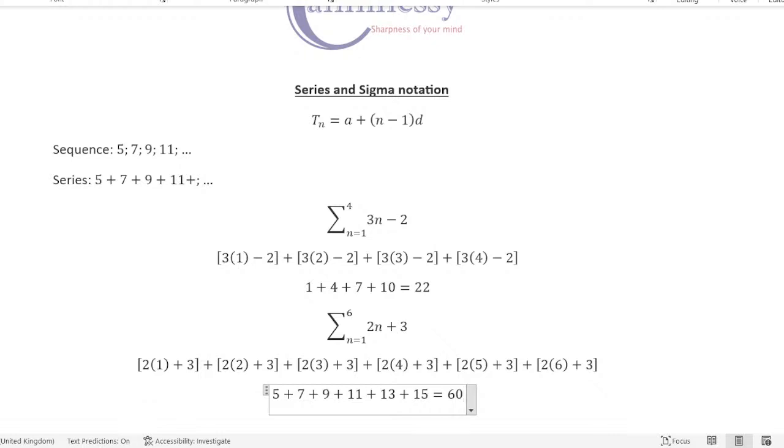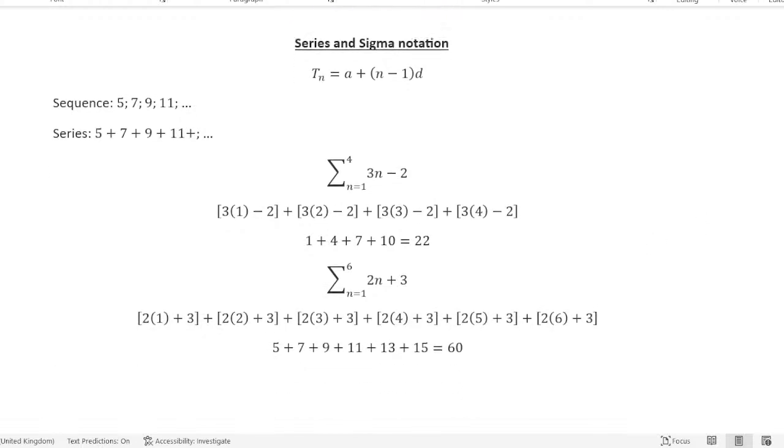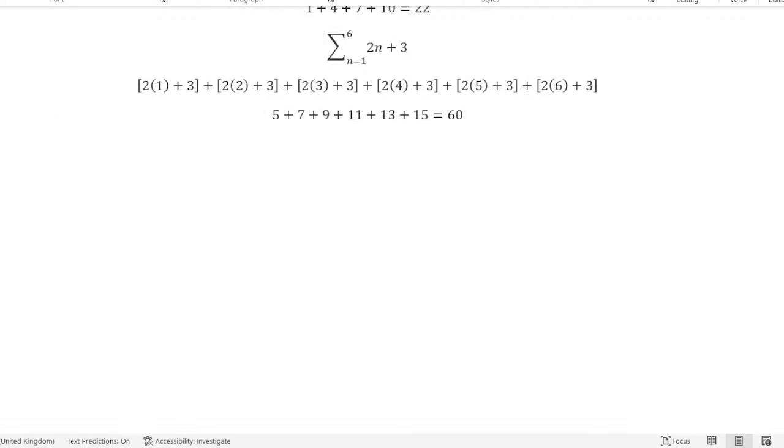All right, now let's try and evaluate the second. Let me give you a problem, a classwork. Let me have a sigma notation.